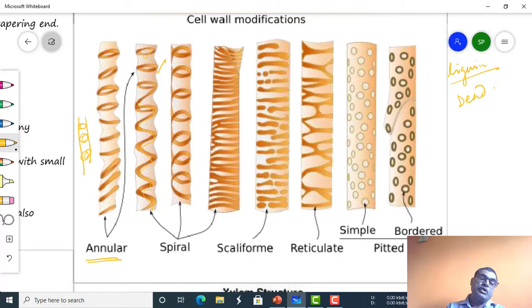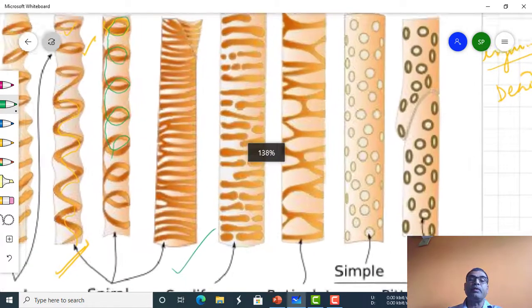Either such a type of thickening, or it may be in this way. If you see here, such a type of wall thickening is present. This one is spiral wall thickening, or this will become again spiral wall thickening. Then the next one is the scalariform type of wall thickening.